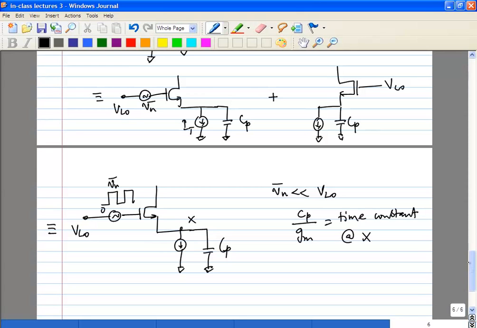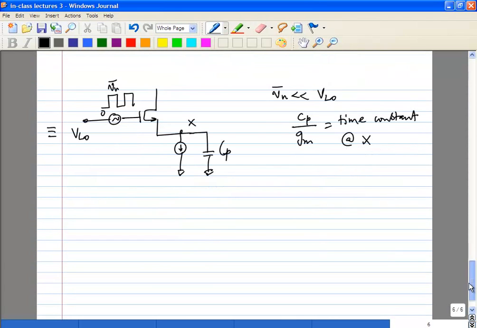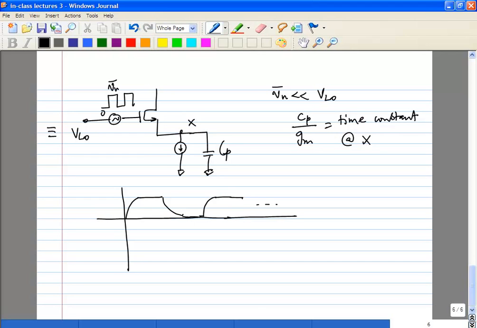If you look at your currents and voltages at x, it is going to look like this. Vx is going to look like this.